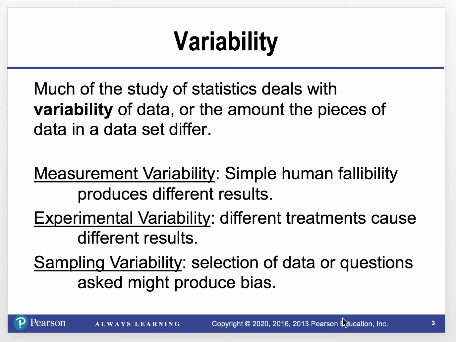Experimental variability is when different treatments cause different results, what we were just talking about in our experimental studies. And then there's sampling variability, which is where your selection of your data or the questions asked might produce bias.